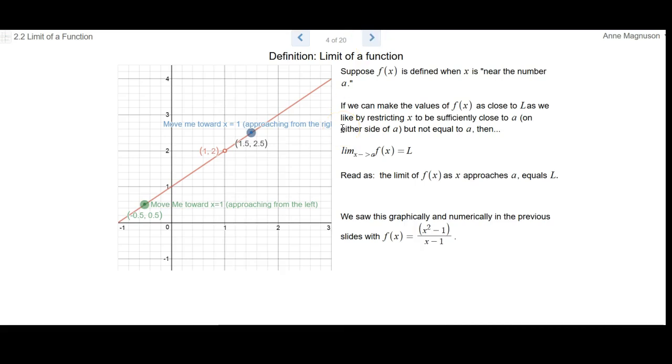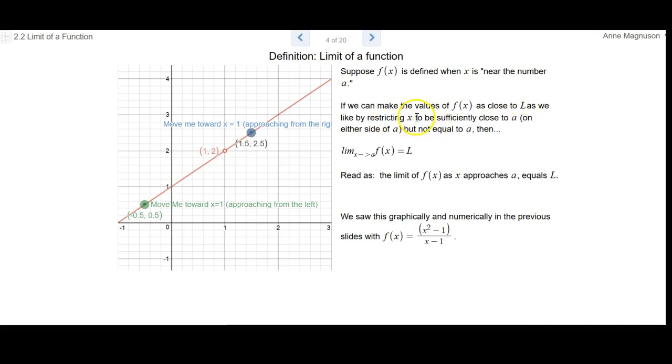So we can define this formally and introduce this notation. Suppose that some function f is defined near the number a. Thinking of this example, f of x was defined near the number x equals 1 for all values except 1, right? So that's what this sentence means.